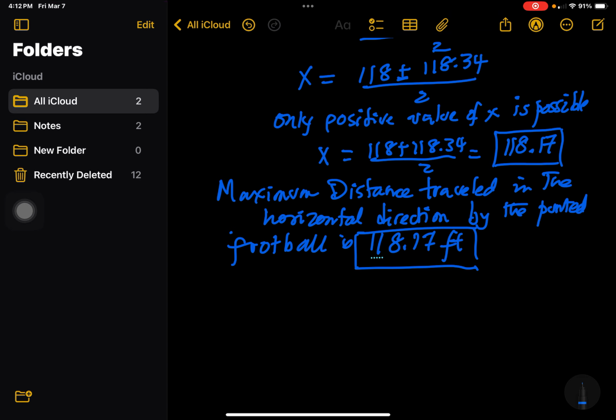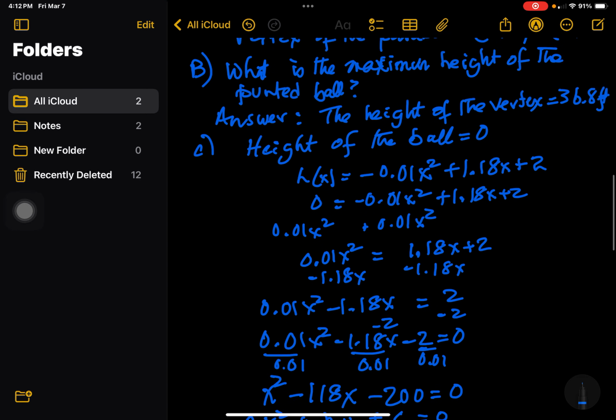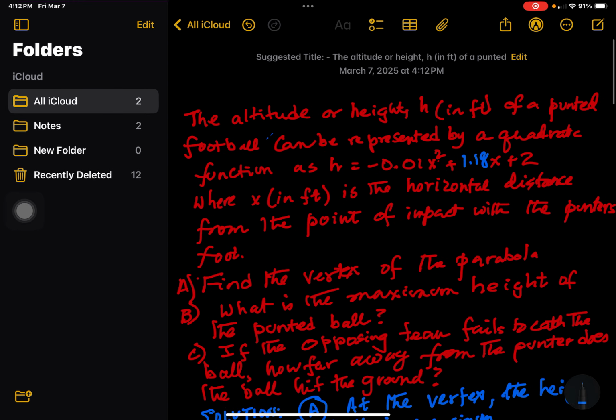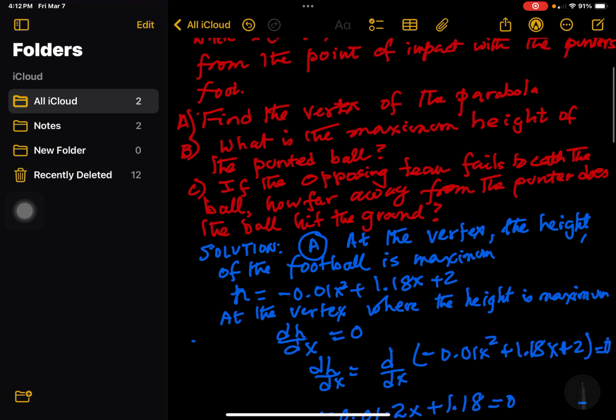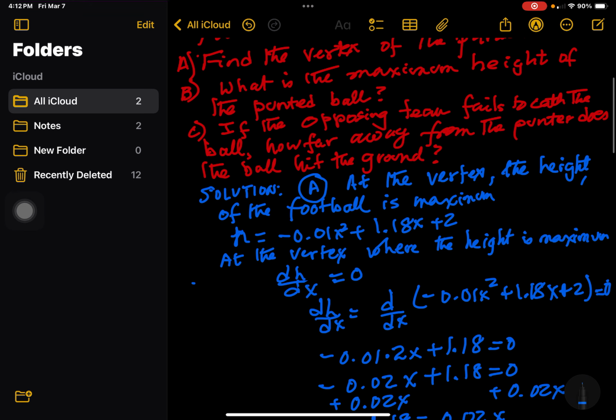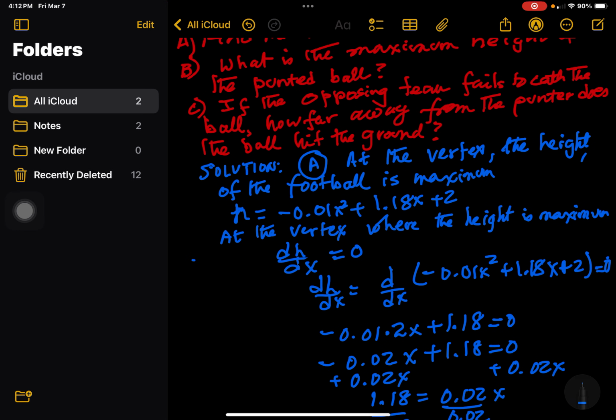for part C. Let me quickly recapitulate what we did. So the first one was find the vertex. Now at the vertex the height is maximum. So if I take the derivative of the height with respect to x, it is equal to 0 at the maximum point, and that becomes minus 0.02x plus 1.18 equal to 0.